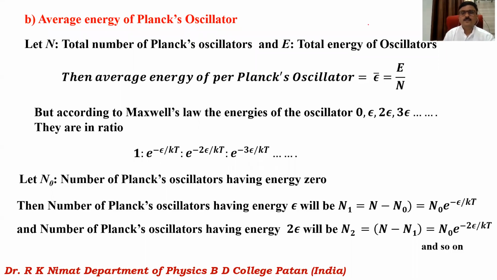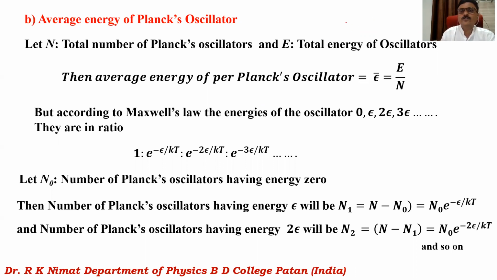So friends, in the first part of this expression for Planck's radiation law, we have calculated the number of oscillators in the frequency range between nu and nu plus d nu.